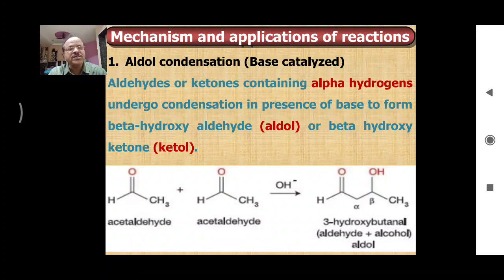With respect to this carbonyl functional group, this carbon is the alpha carbon, and as this alpha carbon carries three hydrogens, these three hydrogens are called alpha hydrogens, which are acidic, and in presence of base we can remove these alpha hydrogens in the form of H plus ions. So this is the specific example of aldol condensation reaction.